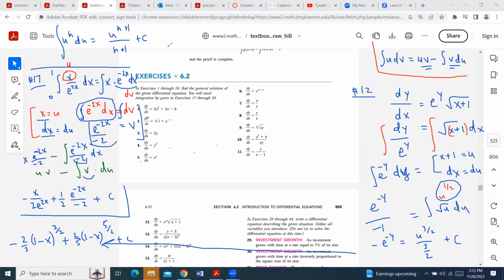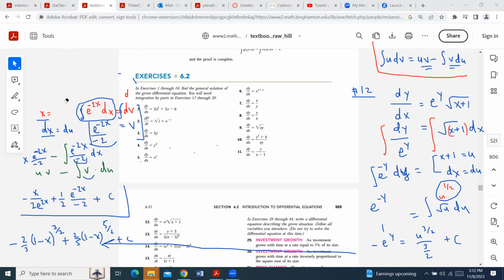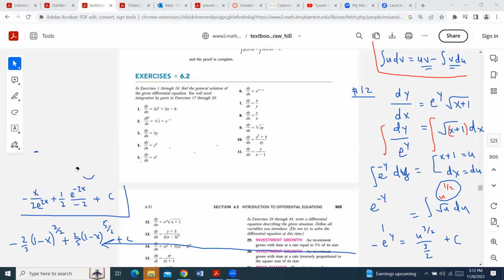It's not over yet because I have to return to my original variable. I don't need that little variable u; I have to put x plus 1 instead of it. So it's still minus e to the power of negative y.